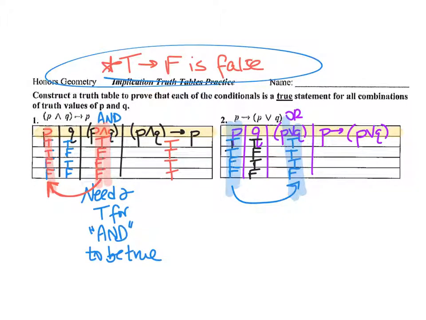Where does that happen? Well, this is true leading to true. Nope. That's true. This is true leading to true. That's true. This is false leading to true. That's true. And then the last one is false leading to false, and that's true. Okay, all of those are true.